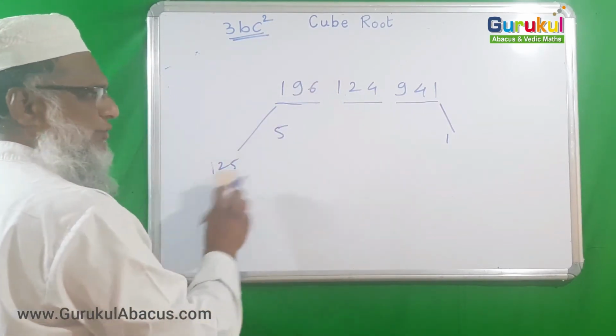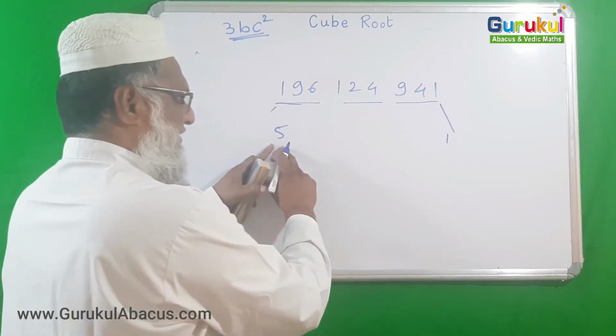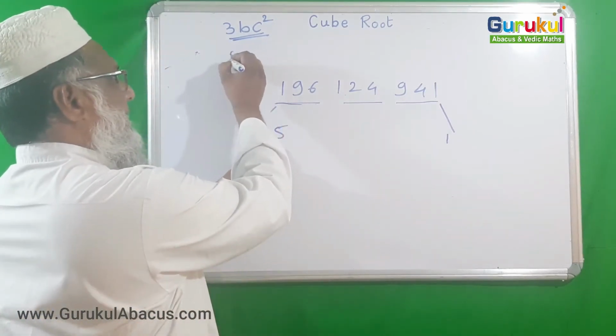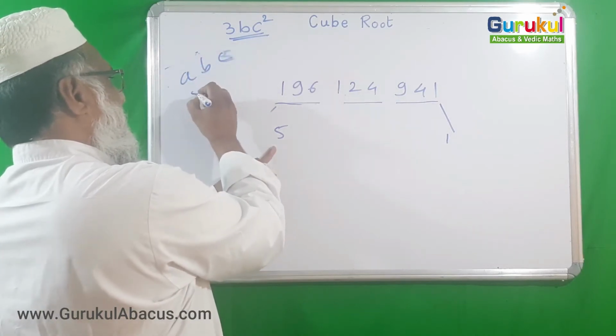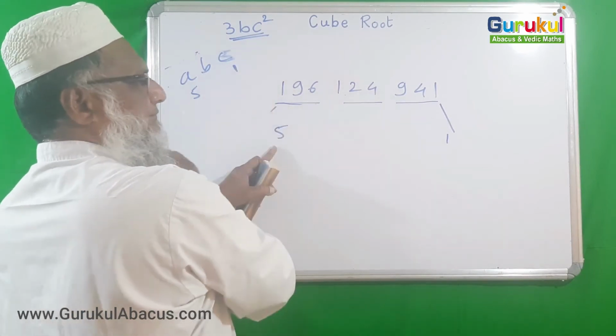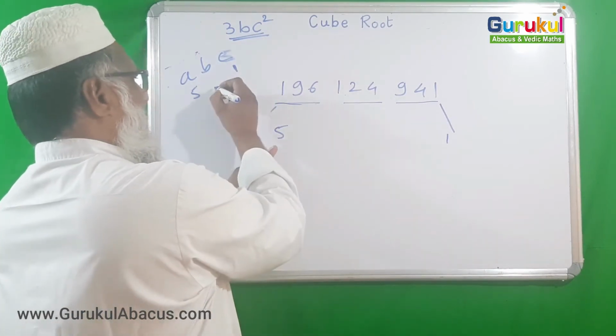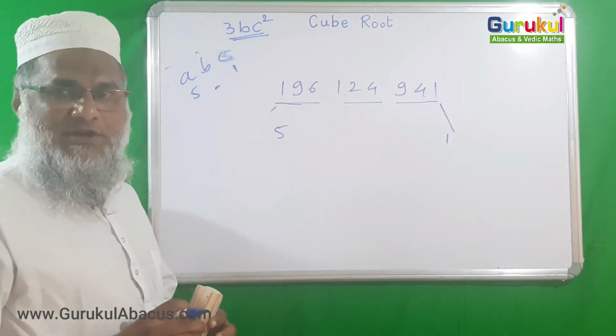So 125 is suitable. Our first digit is 5, last digit is 1, and now we are trying to search the middle digit, that we will call B.